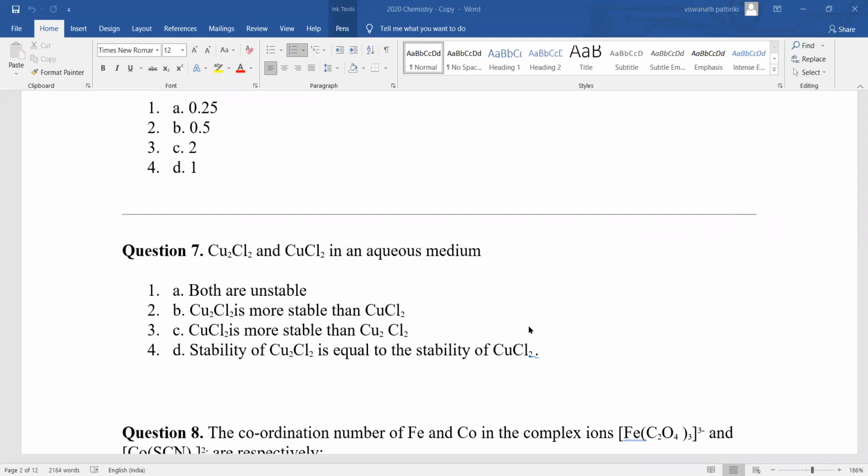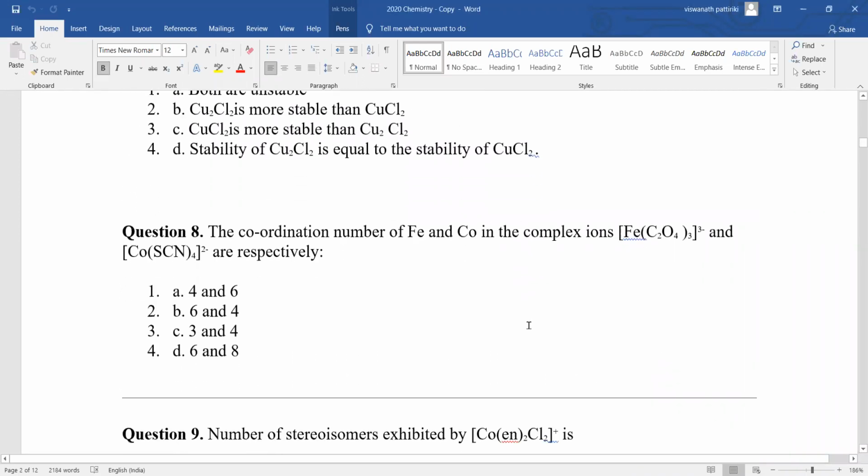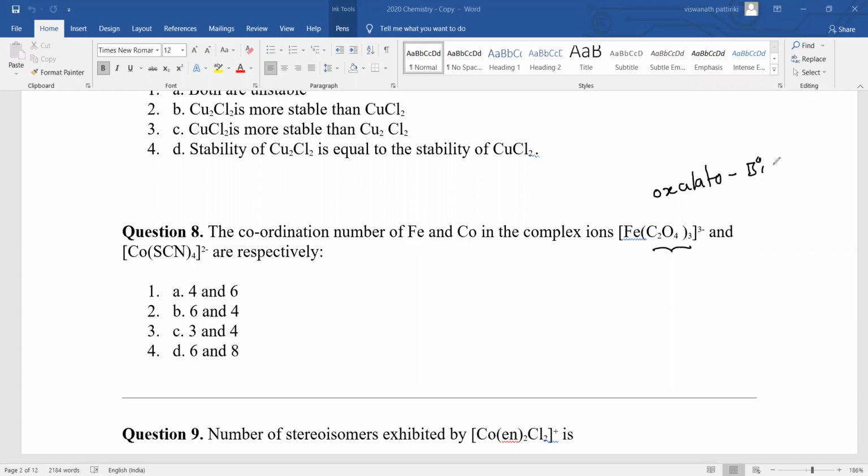And the next one is the coordination number of Fe and Co in the given complexes. So we know that this is what? This is oxalato, and oxalato is bidentate. Bidentate means a ligand which can donate 2 electron pairs. So as this is bidentate, how many electron pairs can be donated? 6 electron pairs.